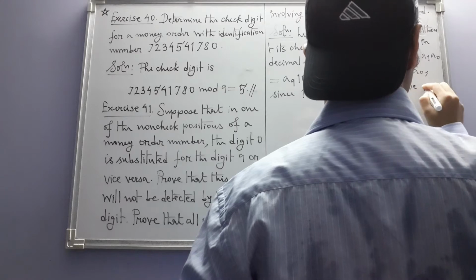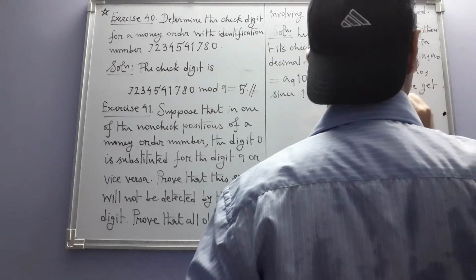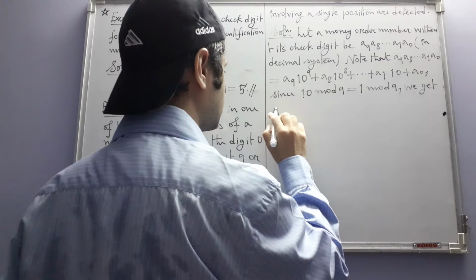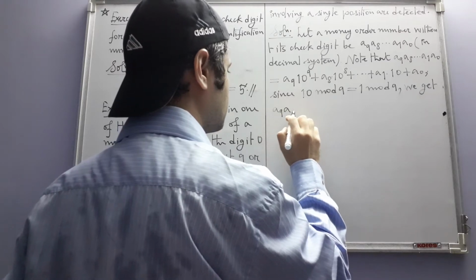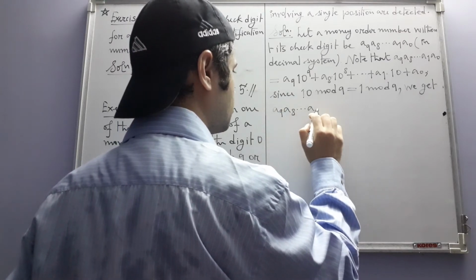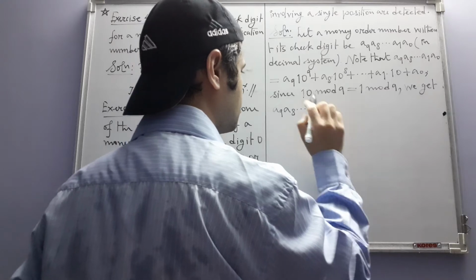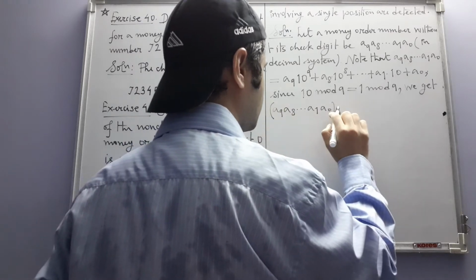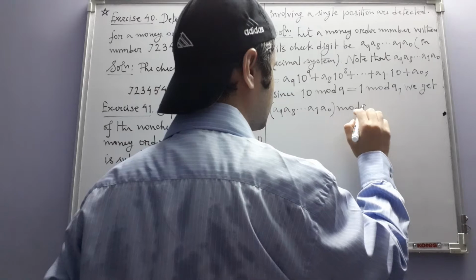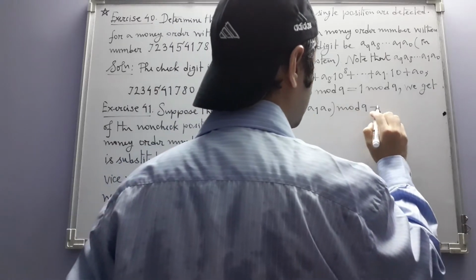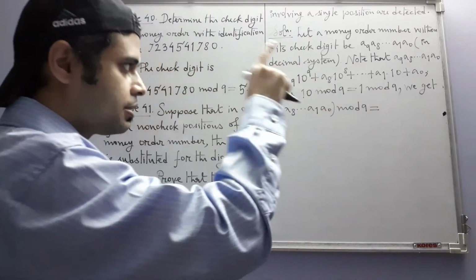We get mod 9. So this is the check digit.